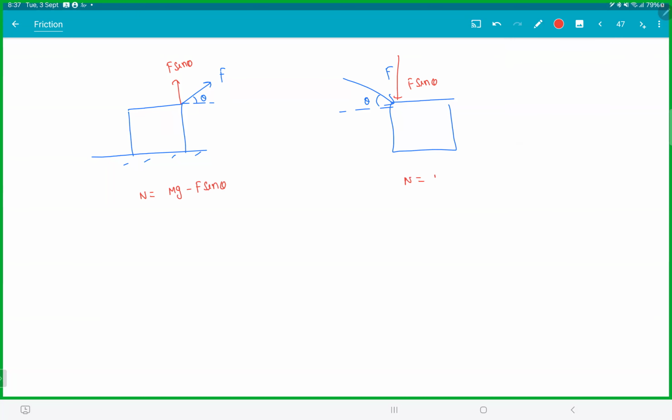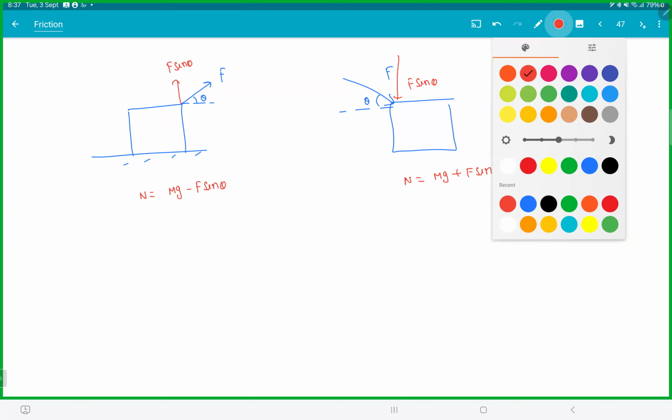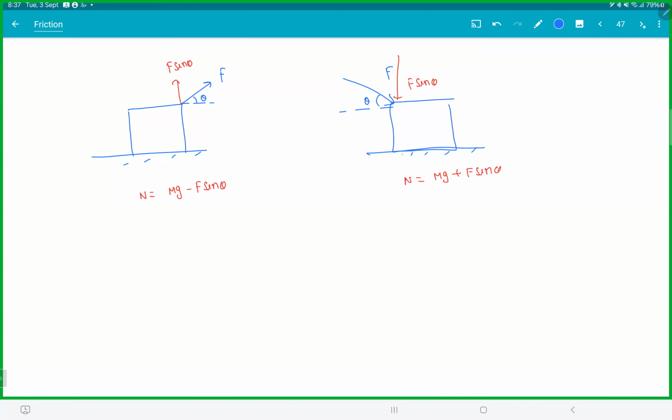In the pushing case, your normal reaction will be mg plus F sin theta. So friction becomes more in the second case. So whenever you want to move something, pulling is easier than pushing. Next time, observe this. Whenever you pulled something really heavy, a rice bag or some stool or something, you always dragged it.